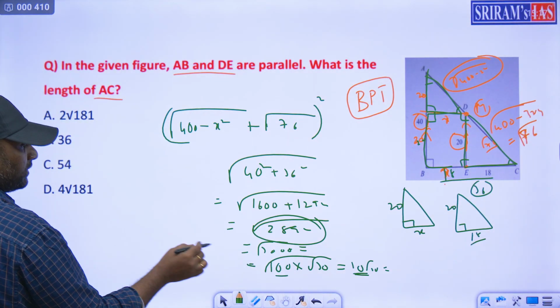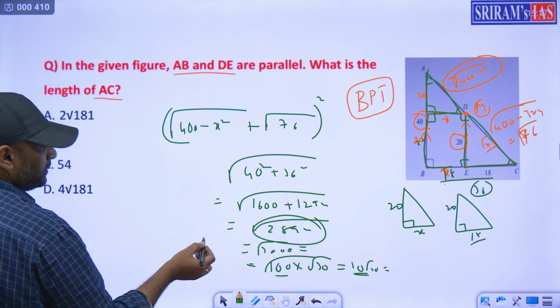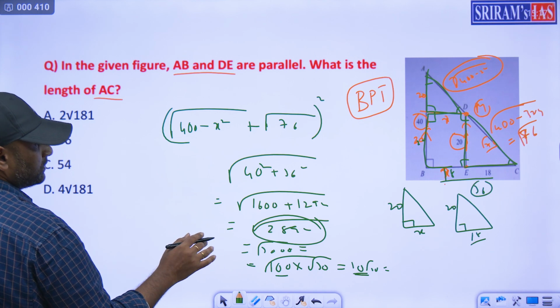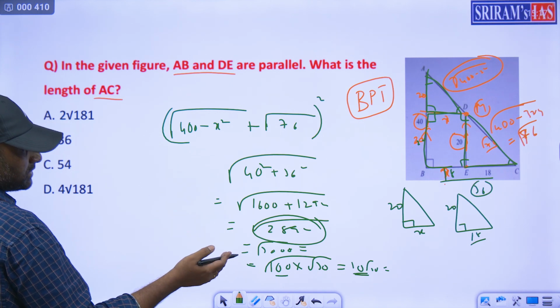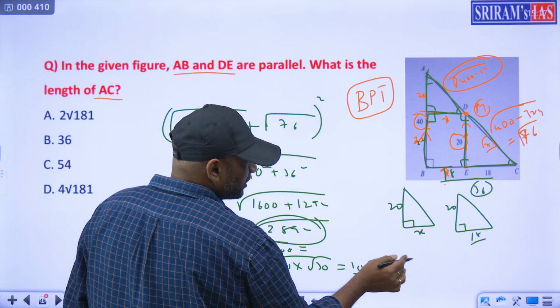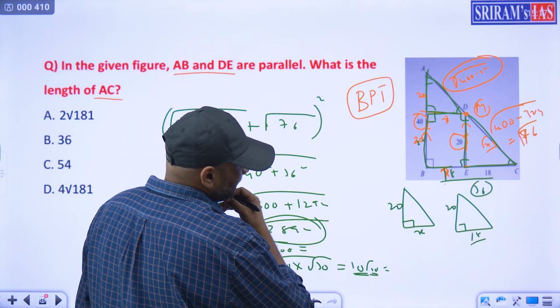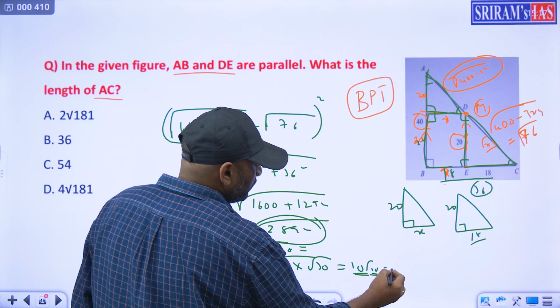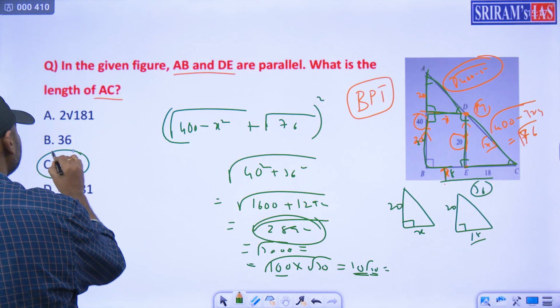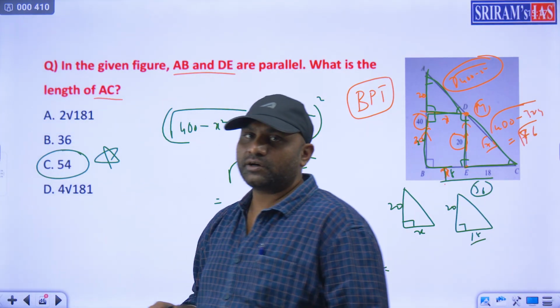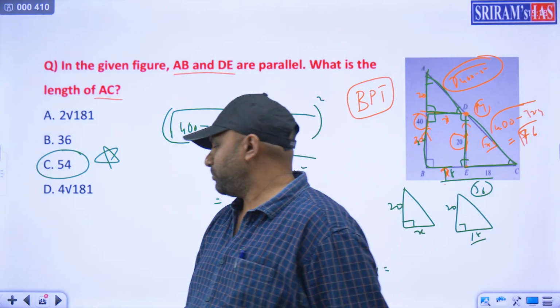So your approximate answer should be close to, root 30 is approximately 5 point something, so close to 50 it must be, therefore answer C. Like that we can answer a question in less than 2 minutes, especially when there is no time.